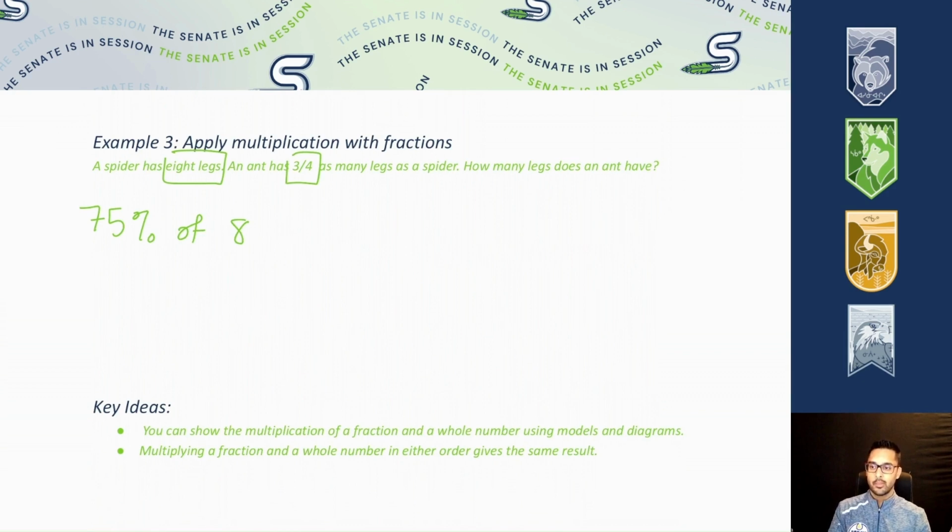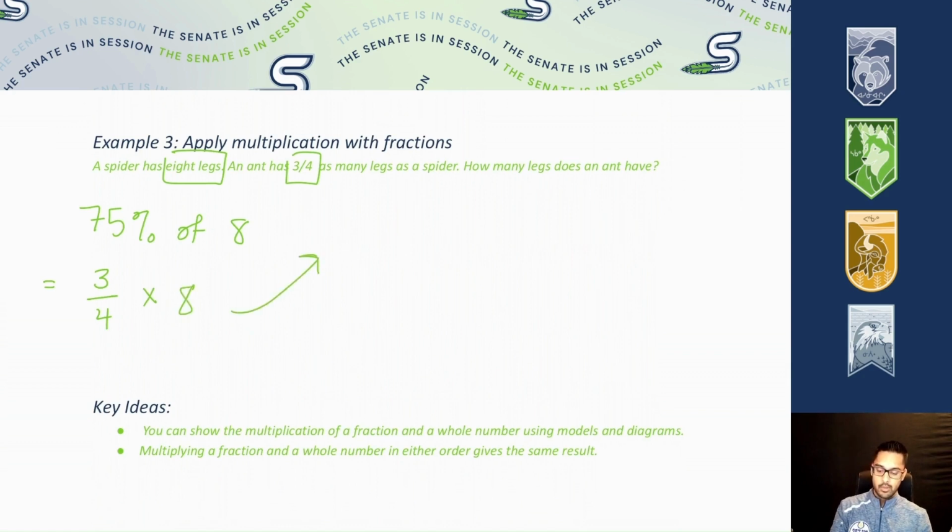If you know anything about percentages, one of the things we've done in the past is take a percent, turn it into a decimal, and then multiply by your whole number. But now that we know how to use fractions, we actually don't need the decimal for this example because we know that 75% is 3/4. The word of in math is going to mean multiply. So 3/4 multiplied by 8, and now I'm in the same situation that we just talked about.